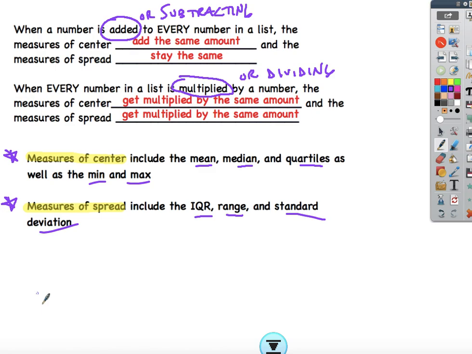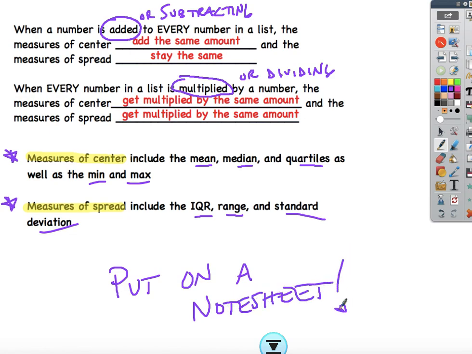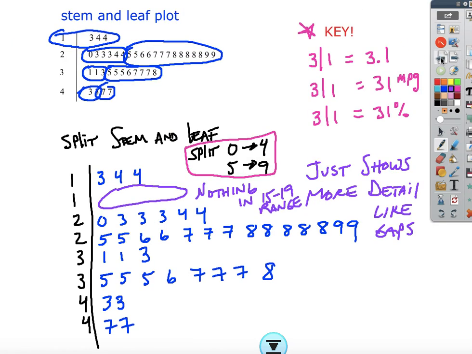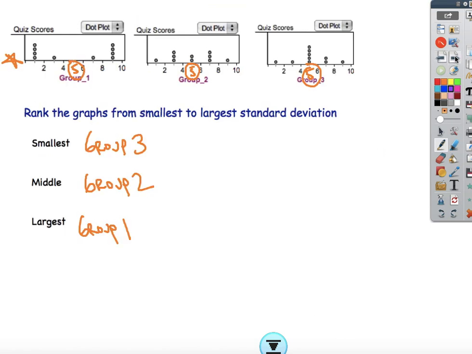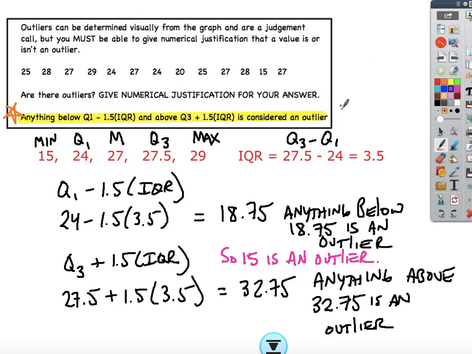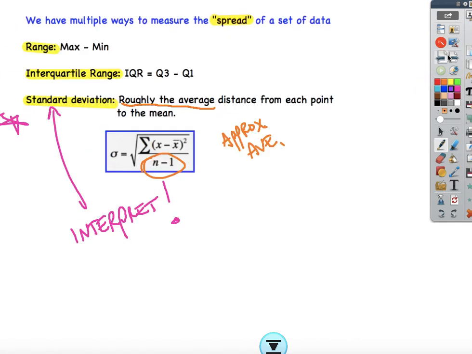This would be an important page to put on a note sheet, because I really think this is likely to come up. Okay, going back, I would put these formulas on a note sheet. And I would put the interpretation of standard deviation on a note sheet.